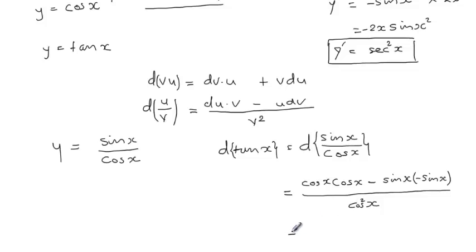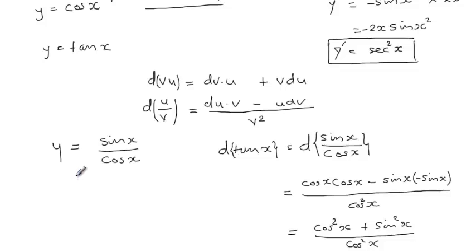So then if you look at what we've got here, this is minus times minus, which is plus. Which means we've got cosine squared x plus sine squared x all over cosine squared x.